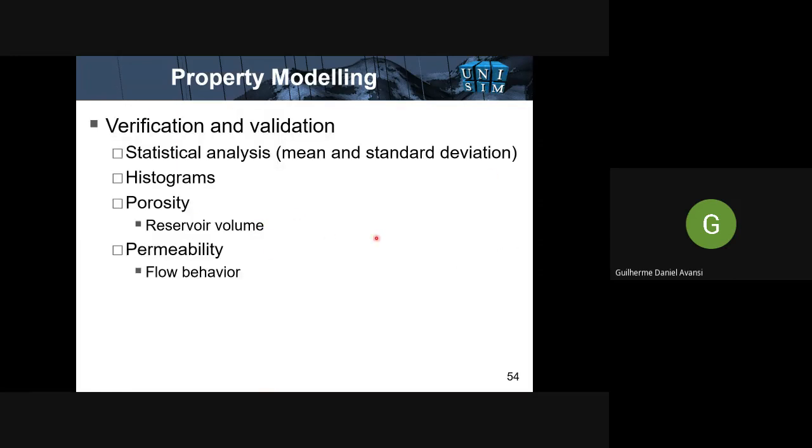After building this, we need to check. Okay, I built my geological model, I need to move forward, that is how to create a simulation grid, but we need to verify and validate this information. For this, we have statistical analysis. We use the mean and standard deviation. We have histograms, because just remember, we have information from well logs.